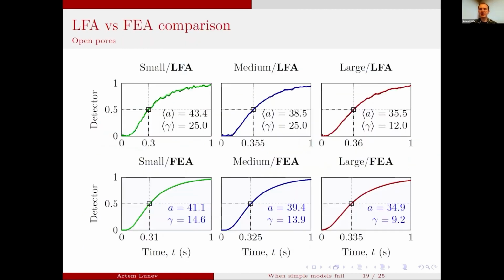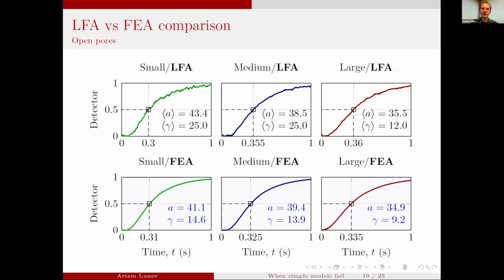And then we compare the time temperature profiles that we have in the LFA experiment with the time temperature profiles that had been simulated in the CT-FEA approach. You can see that the thermal diffusivity is in, I would say, good agreement between those two approaches.